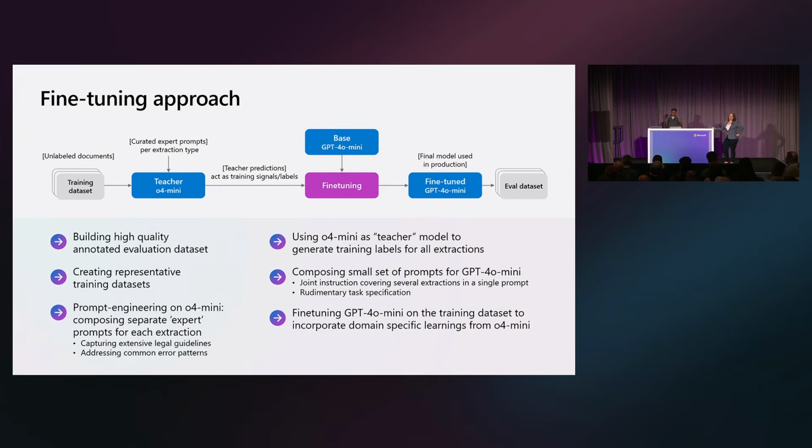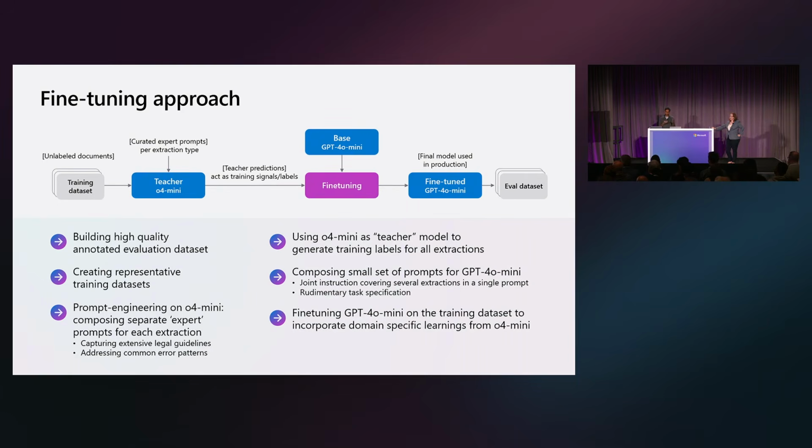To elaborate, we have individual extractions, termination for cause, notice period, or jurisdiction that we saw earlier. For each of these individual extractions, we built expert prompts for the O4 Mini reasoning model. These expert prompts incorporated the legal nuances and the extensive guidelines from our subject matter experts team, and they gave pretty detailed instructions to the reasoning model to generate the labels.